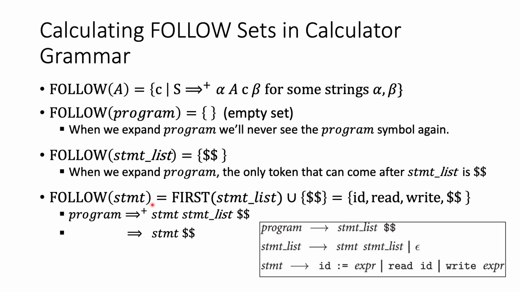So the follow of ST empty is the union of the first of ST empty list and the set consisting of just the end marker. And since the first of ST empty list has been calculated to be the set that consists of 3 tokens, ID, read, and write, the follow of ST empty equals the set of ID, read, write, and the end marker.